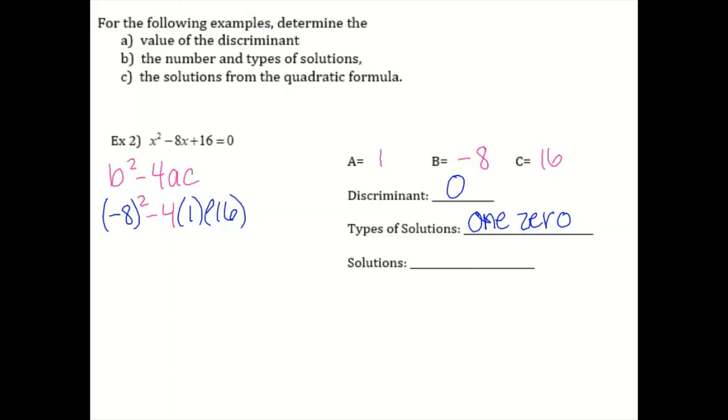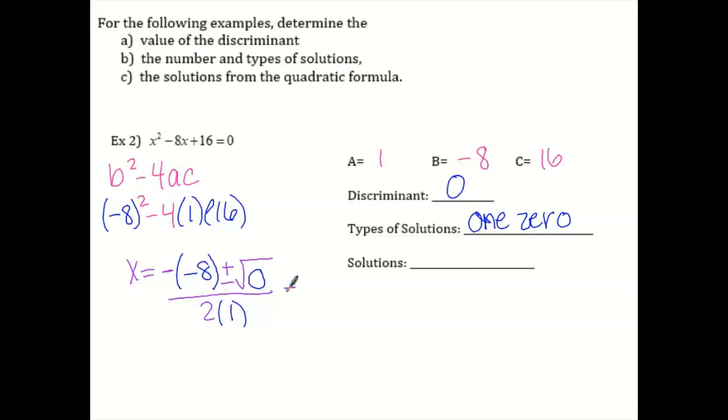So I'm going to do x equals negative, and then my b, which is -8, plus or minus the square root of my discriminant, which is 0, all over 2 times my a, which is 1.